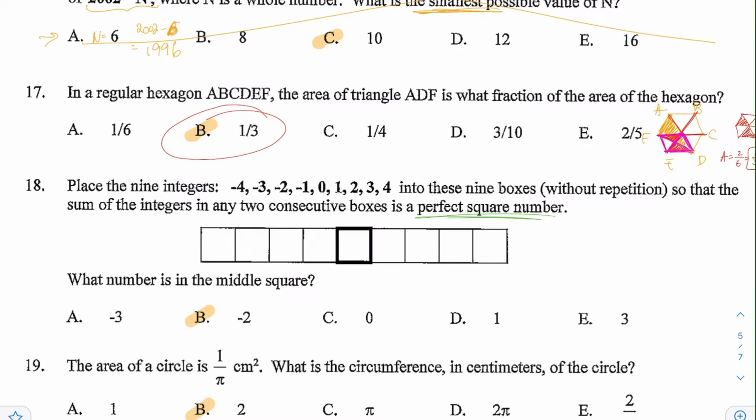So the perfect squares, you have 0, 1, 4, and that's it, because you can't make the next perfect square, which is 9, because 4 plus 3 is 7. So you can only make 0, 1, or 4. So in this case, if you start out with any of the numbers, you just want to do a guess and check.